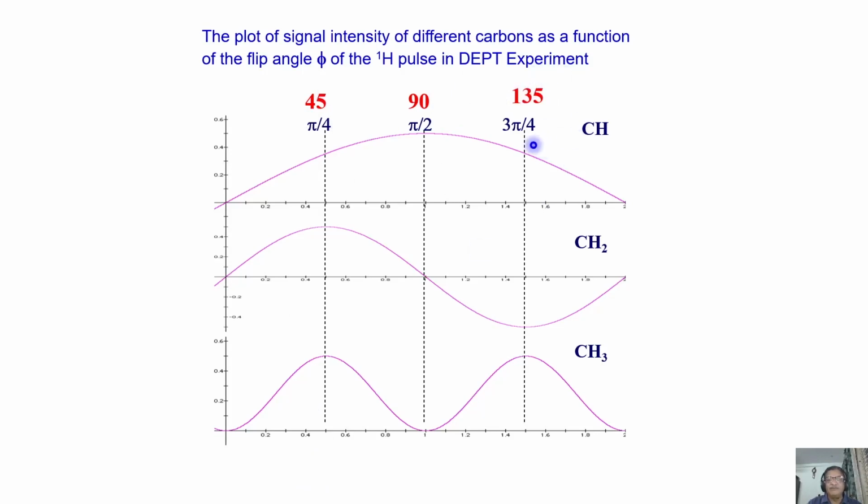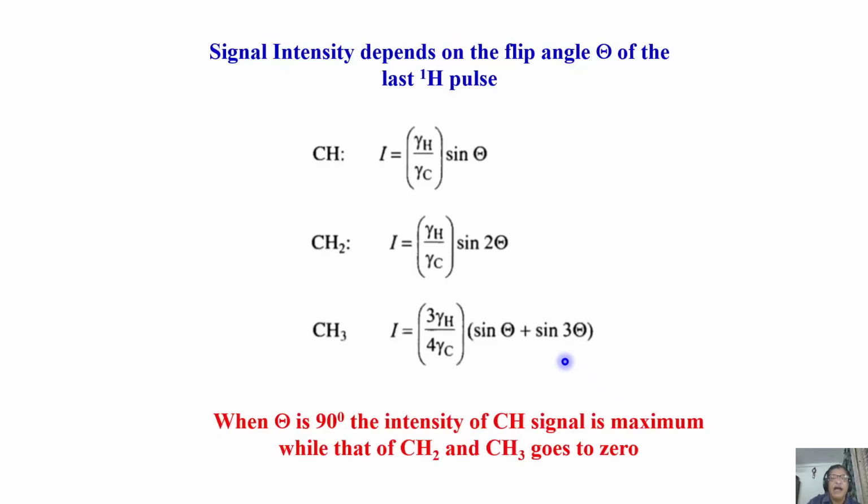In DEPT 135, this is positive, this is negative, this is positive, and in 90 only this is observed. So when you do this experiment first, identify all CH carbons, do this experiment later, then identify all these carbons, then take the difference between this and this, then you know which are all CH3 carbons. Very easy. So this is called spectral editing, and how the intensity of the signal varies. You can derive the pulse sequence, you understand what is happening, everything mathematically.